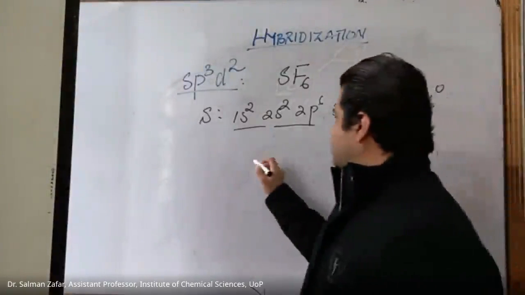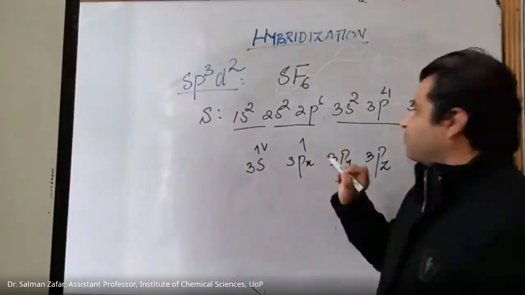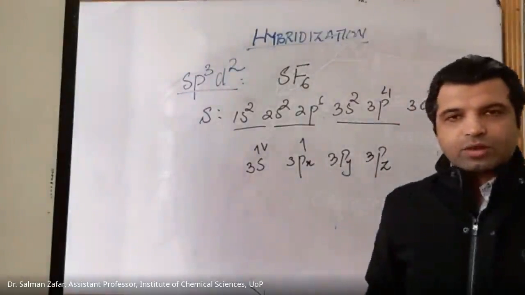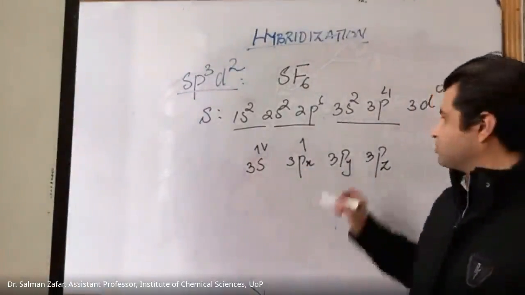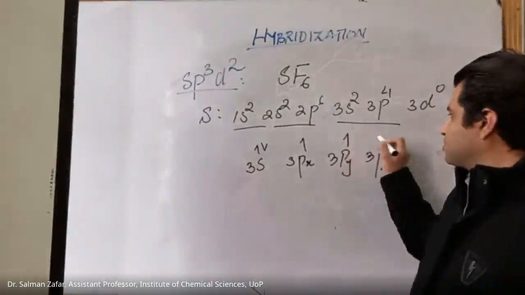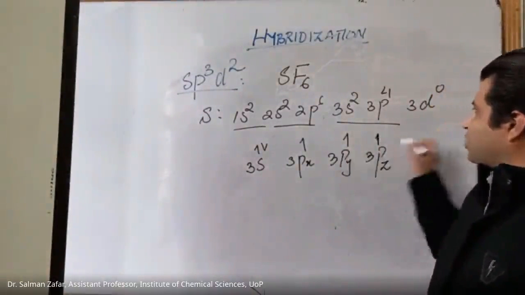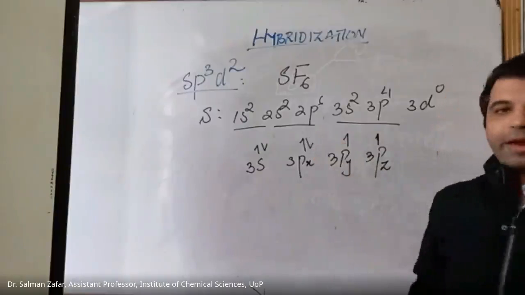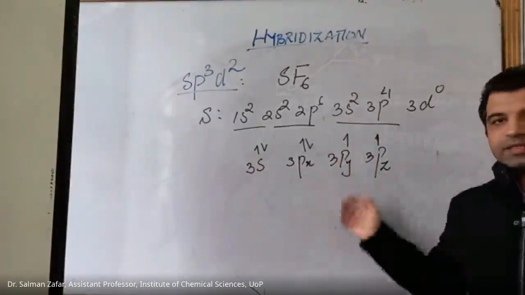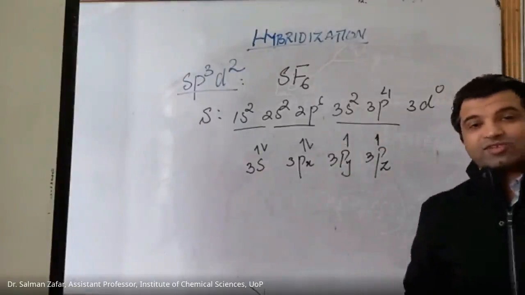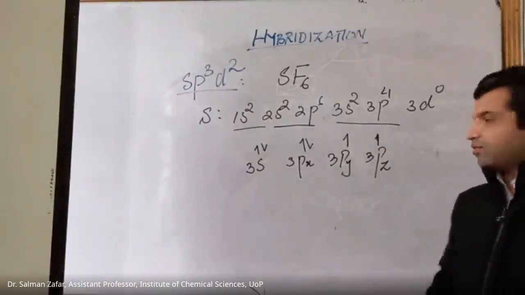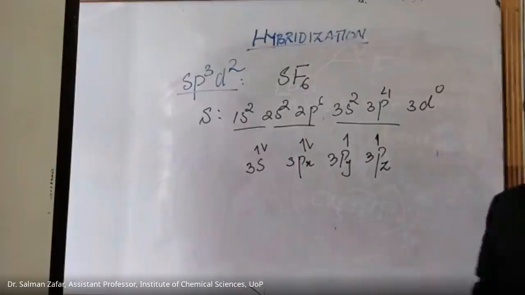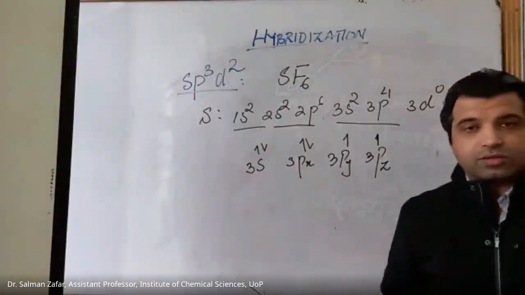If you write it in this way, you start filling these p orbitals singly first. And because we have 4 electrons, one of them would be paired up. Looking at the valence shell electronic configuration of sulfur, we have only 2 unpaired electrons.